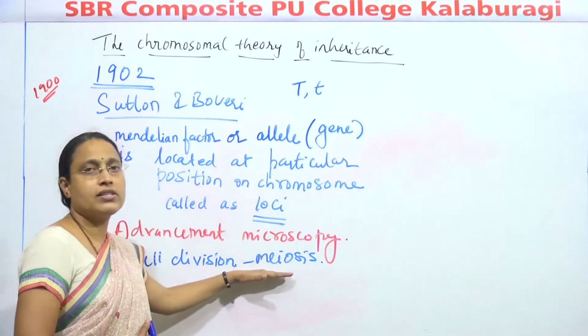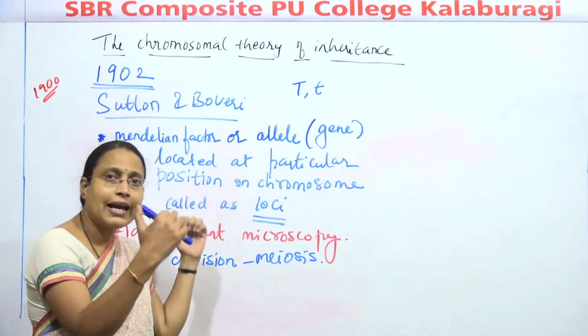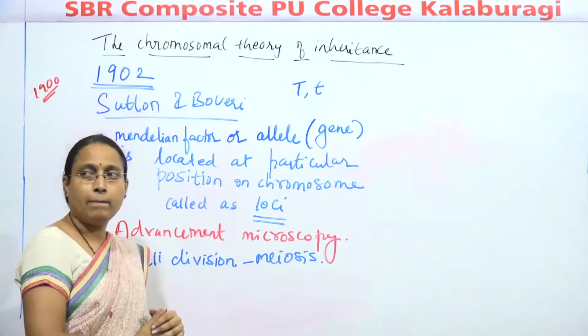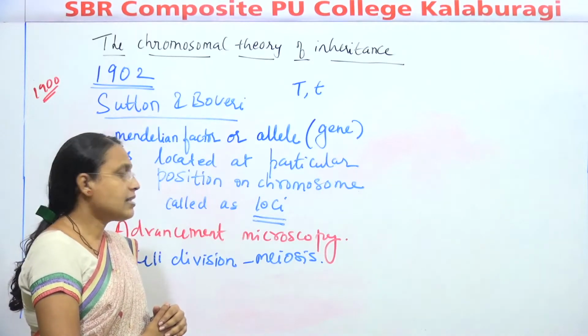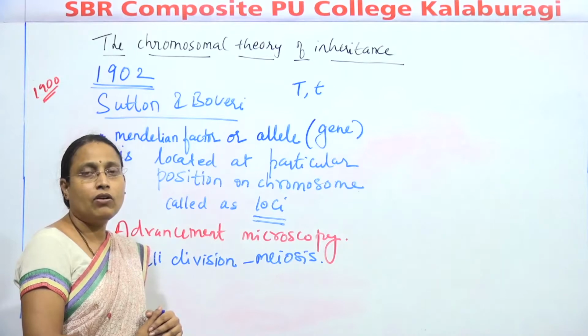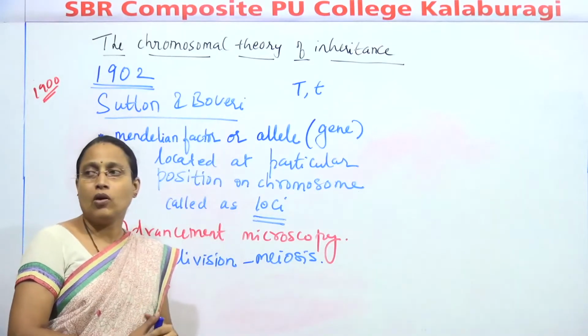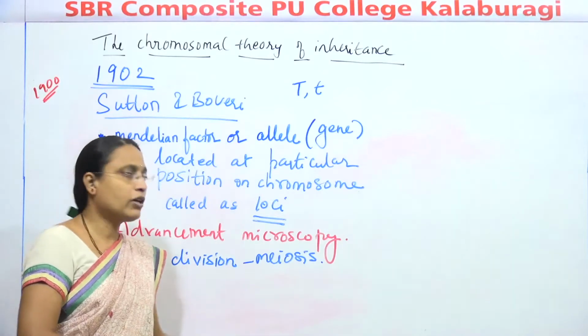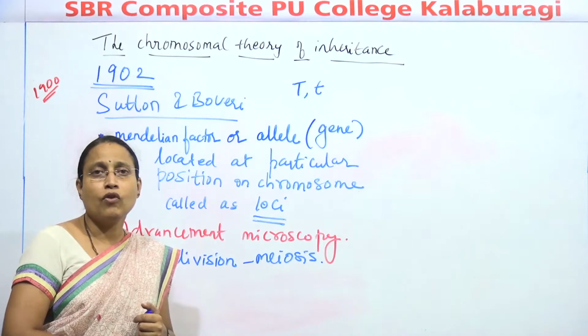Sutton studied meiosis, and during his study he observed that chromosomes segregate during meiosis. That segregation is similar to the behavior of the Mendelian factor. Boveri also used microscopy and found that chromosomes are very important for development of the embryo.